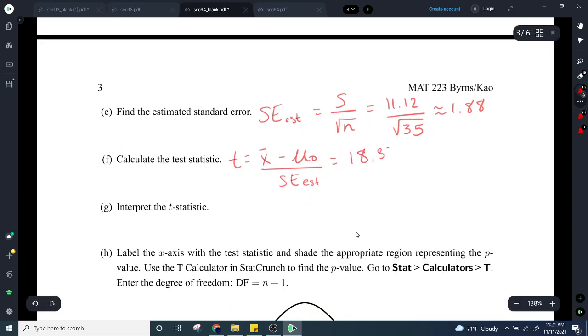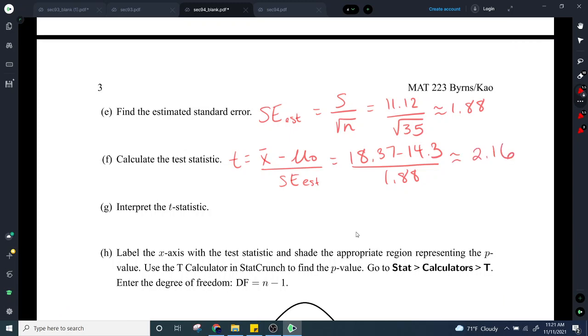So 18.37 minus 14.3 divided by the 1.88 that we just calculated, and I'm getting about 2.16. So think about what would you say, 2.16? Do you think that's unusual or not? This would be the number of standard errors. Our observed sample mean is above what we expected.